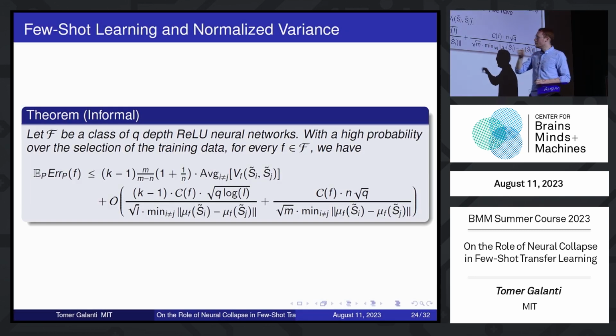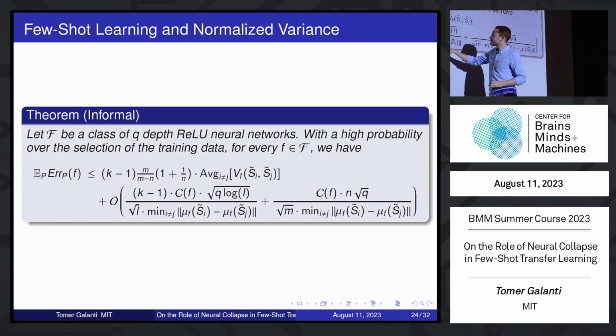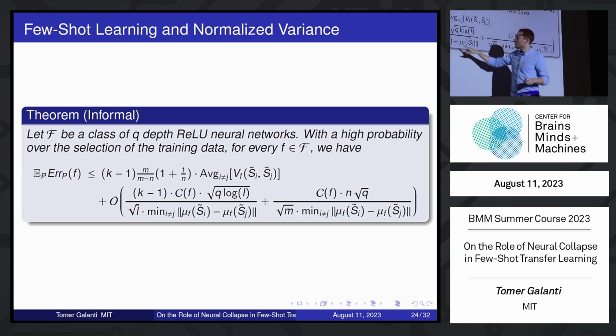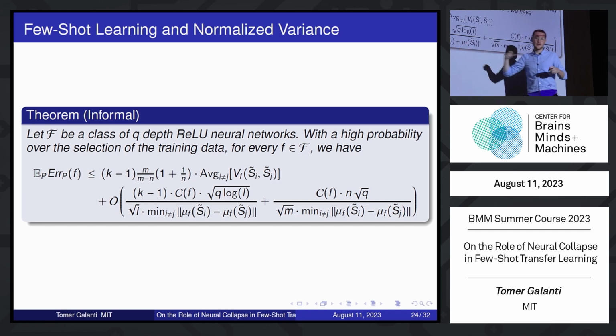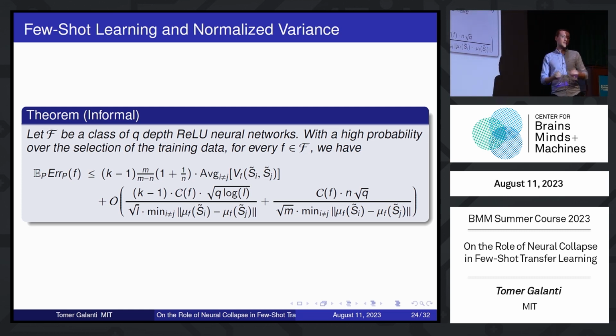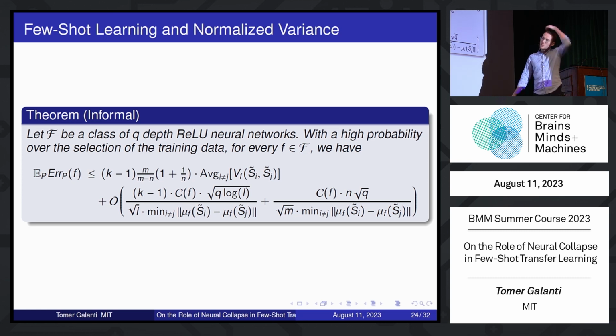Yeah, you don't need the perfect equiangular, but you need these distances not to be very small. So the fact that we have NC2, this property of these distances being maximized, is actually in favor of this bound. Yeah. So it could hold for a broad set of models.